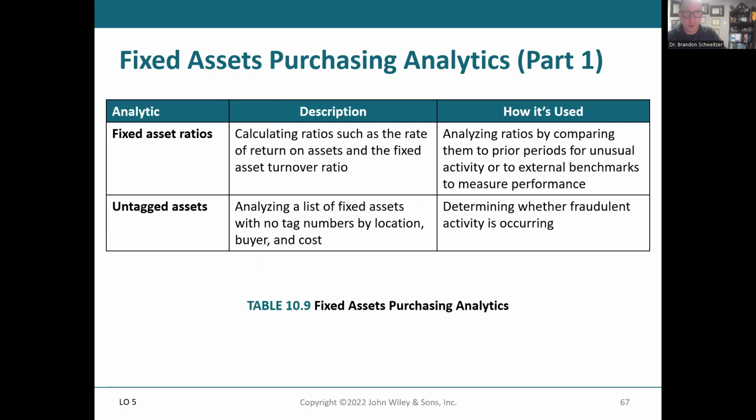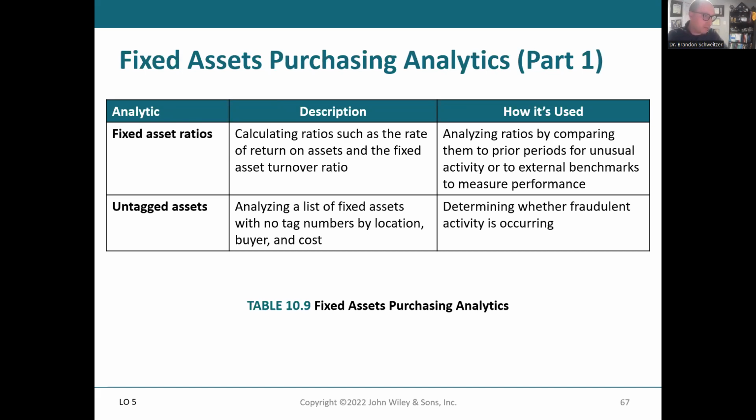What can we learn from it? We can calculate the fixed asset ratios in order to figure out what the turnover rates are, how quickly we're generating revenue based off of the utilization of those fixed assets. Make sure everything's tagged. Both a physical tag, a unique identifying number on the fixed assets, but also in your accounting information system.